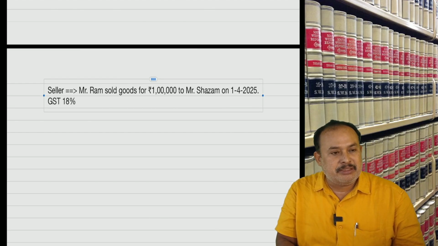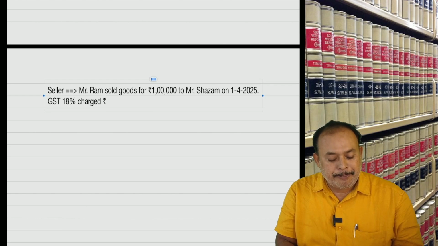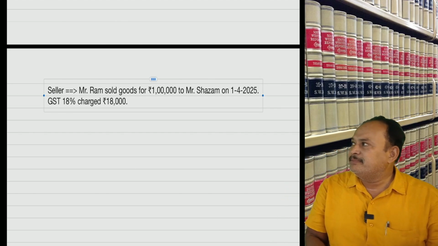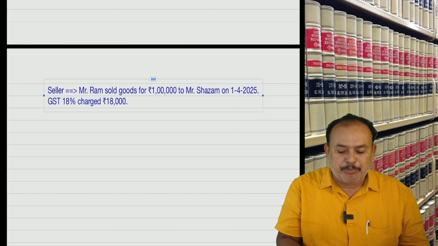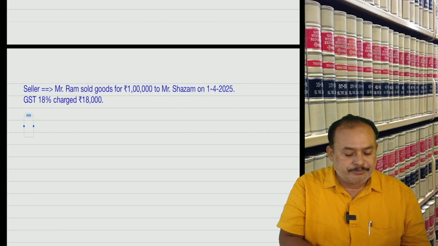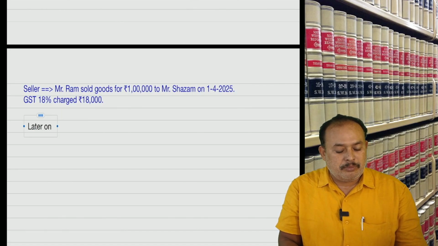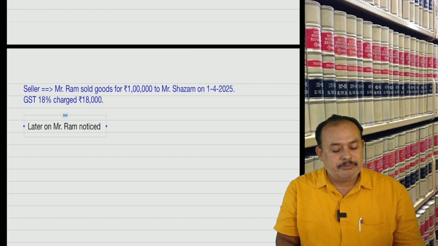GST 18% charged, which is how much? 18,000. Is that clear? When did the sale take place? 1st April. For the given supply, what happened? Later on, Mr. Ram noticed a price revision.